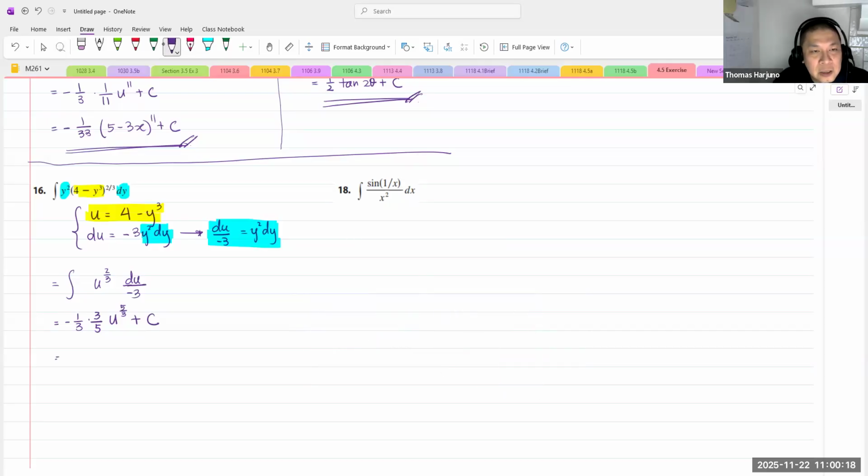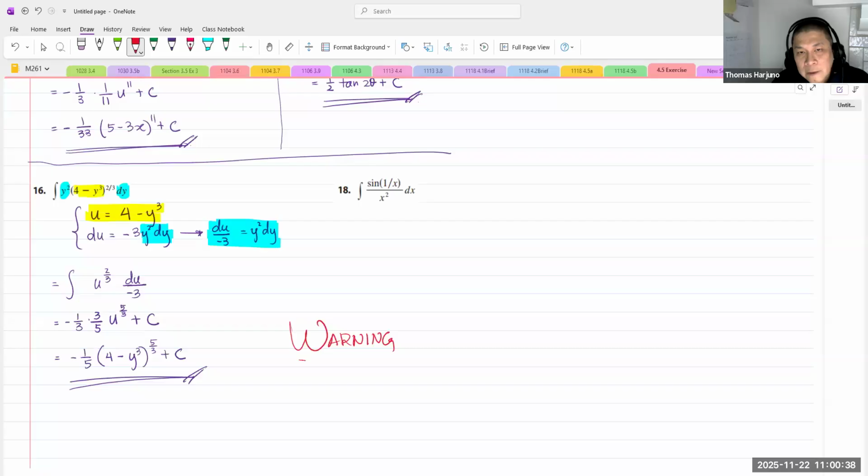So 3 cancels, so I get negative 1/5, and I will replace my u back to the yellow, 4 minus y cubed to the power of 5/3 plus constant, and that's it. Now, some warning. I see this a lot, even in my Calc 2 classes. I wonder where they learned that.